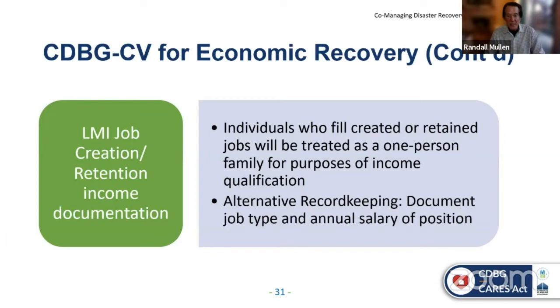And the business may substitute records showing the type of job and the annual wages or salary of the job. The upshot of these alternative requirements is that it becomes easier for a jurisdiction to offer assistance to businesses that will either retain or create jobs available to low and moderate income persons. Next slide.